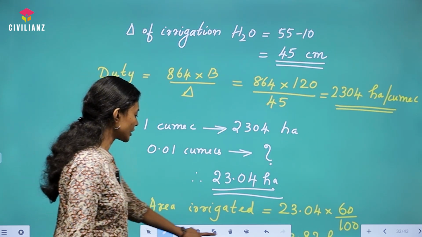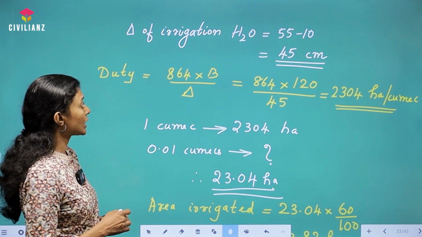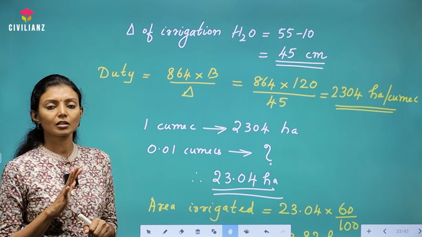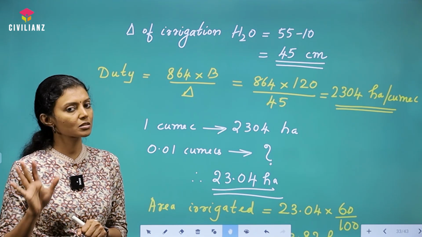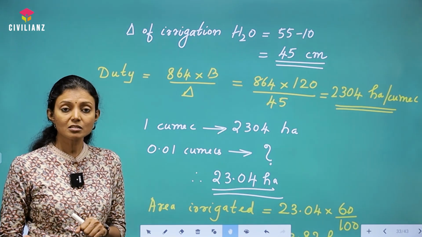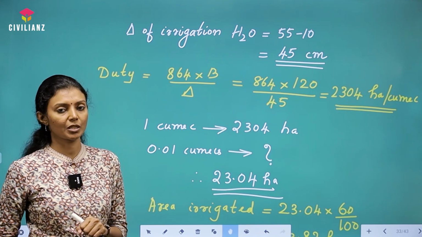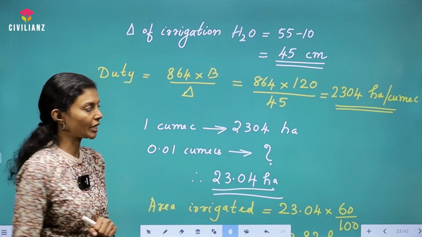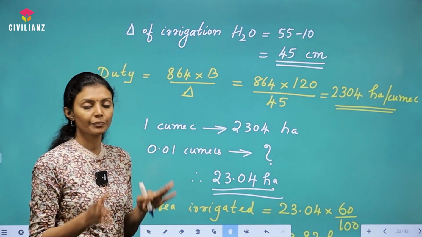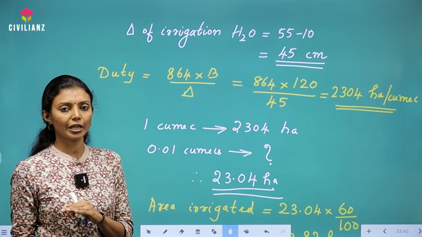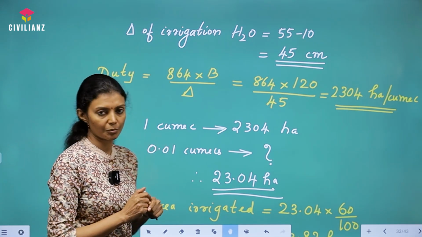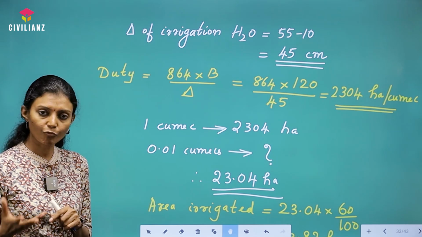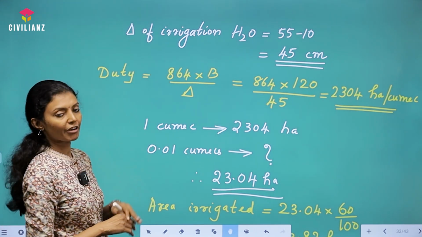So as I have already told, the delta of irrigation water, that is the total depth requirement, is 55 centimeter. But since there is a rainfall of 10 centimeter, you are going to apply only 45 centimeter of water. That is 55 minus the rainfall, 10 centimeter, 45 centimeter. So we have base period of 120 days also. So you can find the duty.